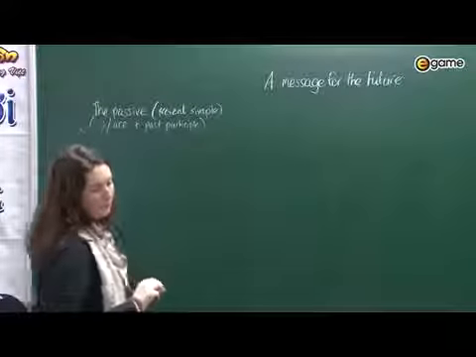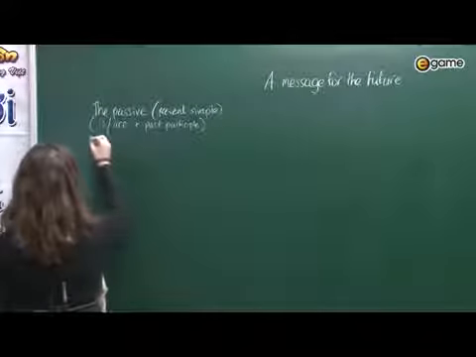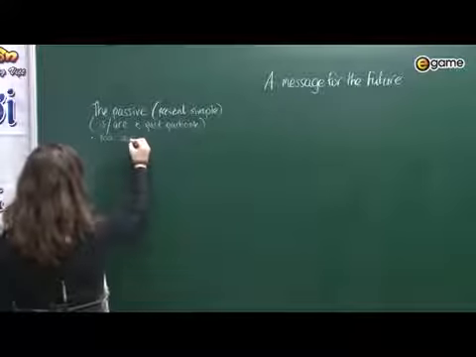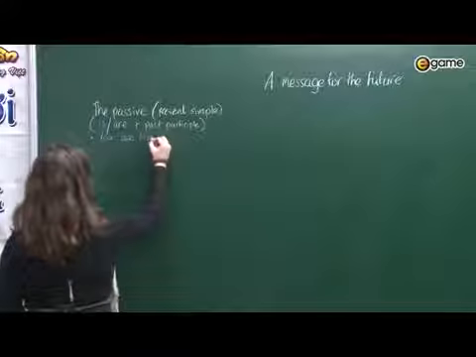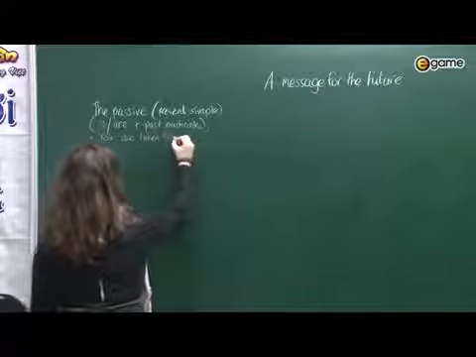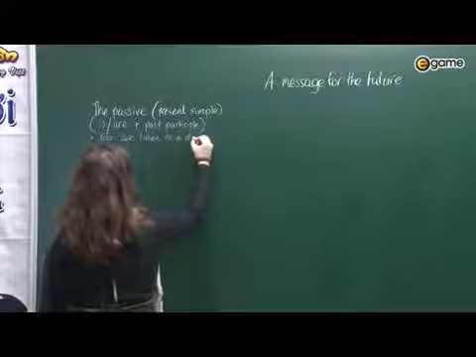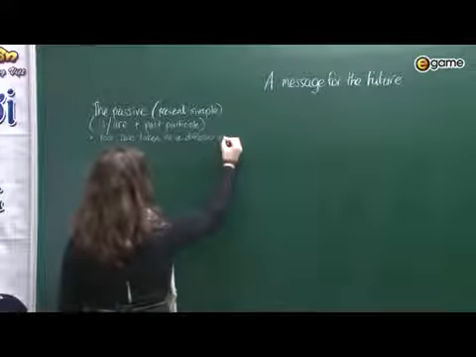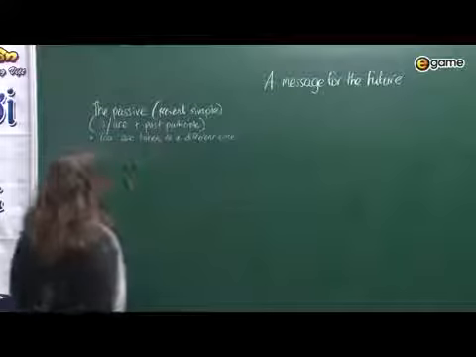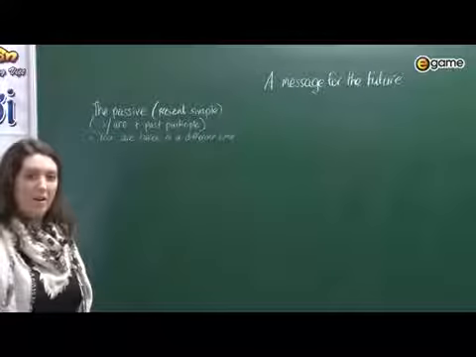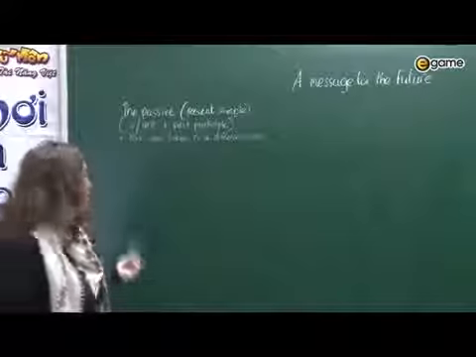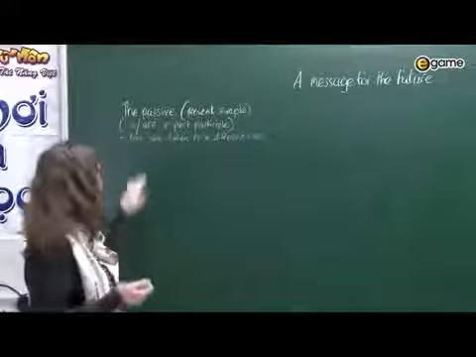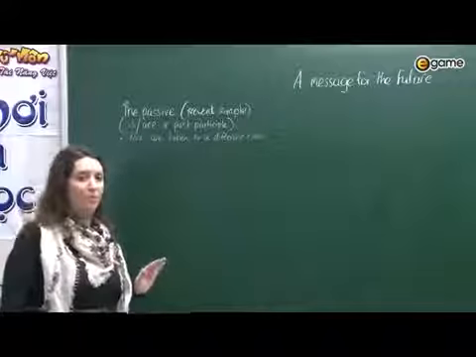For example, you are taken to a different time. So, if we're talking about a time machine, we say you, but we don't know who that is, so we use the passive.